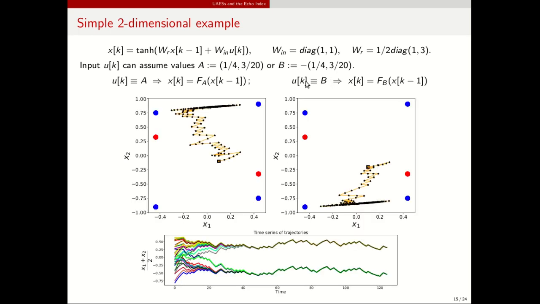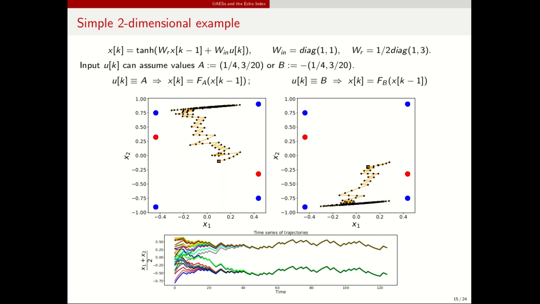And it turns out that the autonomous map FA has two stable nodes in blue here, and a saddle, an unstable point, in between them, disposed along this vertical line here. And analogously, the map FB has got two stable nodes and an unstable one in between them along this vertical line on the left. And I put all together in the same plot these attractors in order to view the non-autonomous dynamics of this simple system.